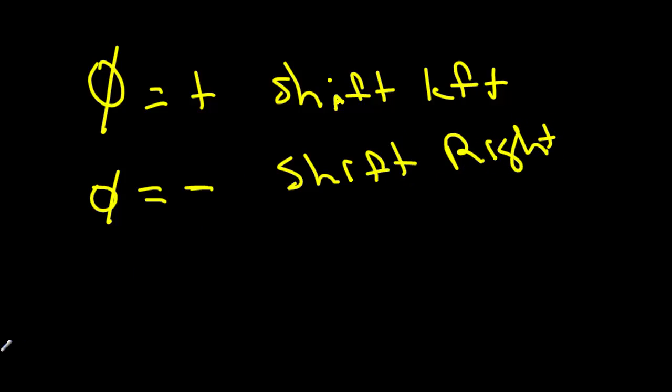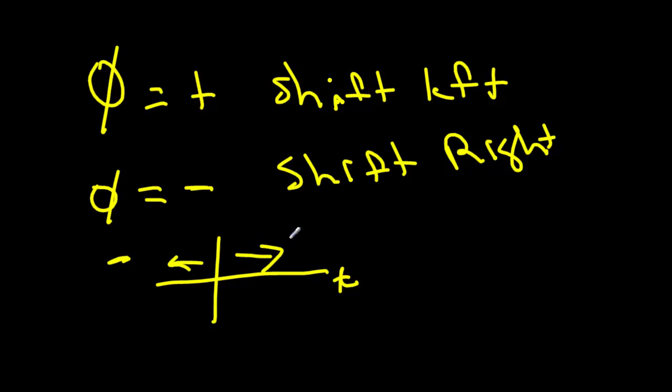So it's kind of the opposite of what you would think it would be. We would think, all right, well, this is the negative axis along the x term, so if we have a shift, we want to go in this way. Well, that's not what we want to do. We actually want to go to the right. And if we have a positive, we would shift left.